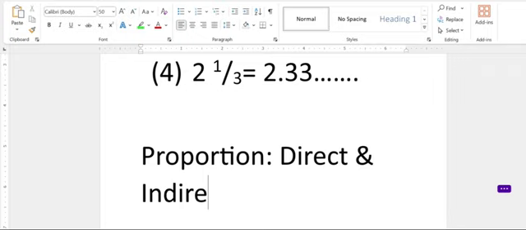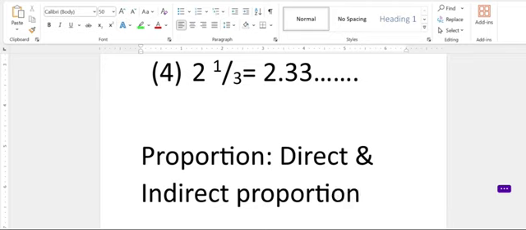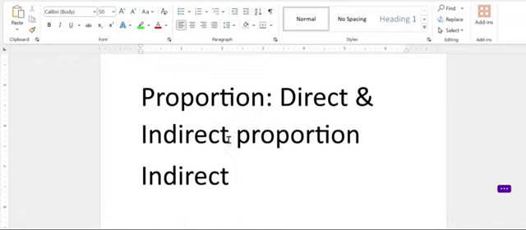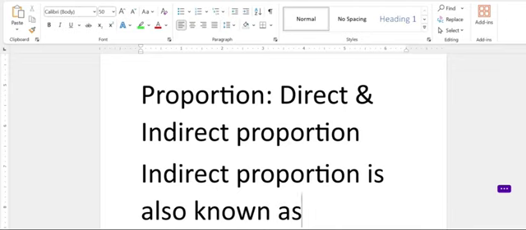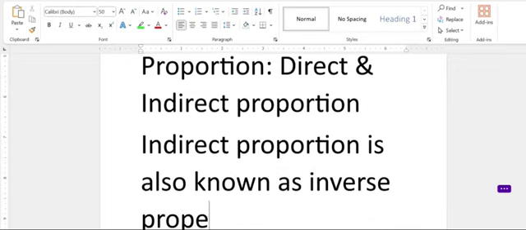Direct and indirect proportion. Another name for indirect proportion is inverse proportion.